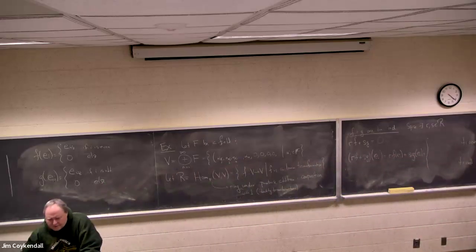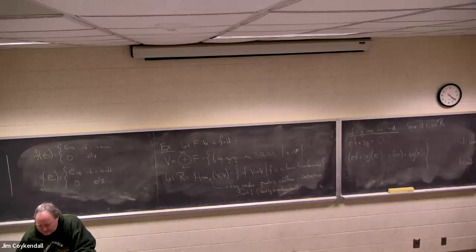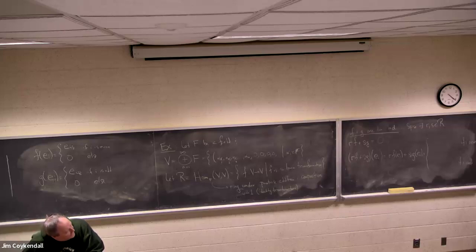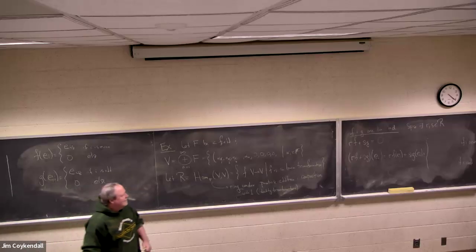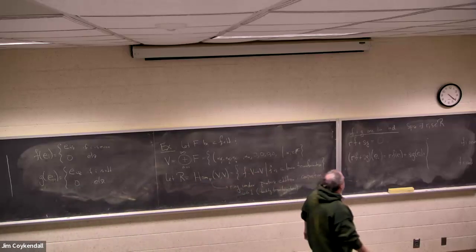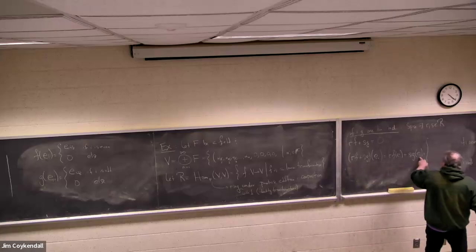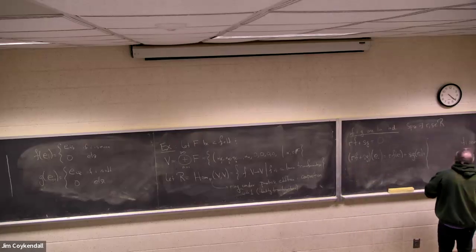I want to distinguish what happens here in the even case and the odd case. What happens if i is even?